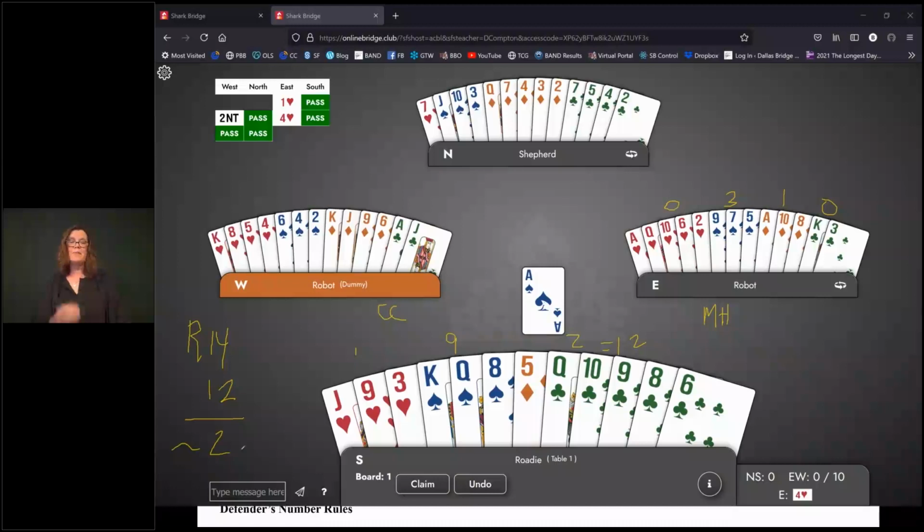Just to recap, working through the checklist, let's take a look at South's hand again. And South is thinking, okay, the declaring side bid freely to game. So I'm subtracting my high card points from 14, holding 12 high card points. That leaves my partner with approximately 2 high card points.